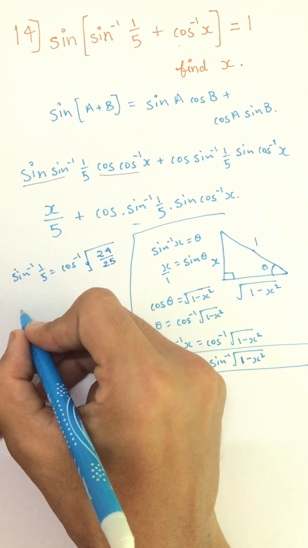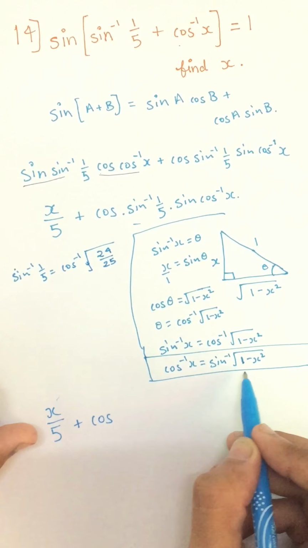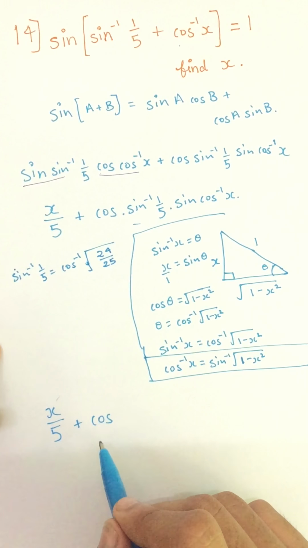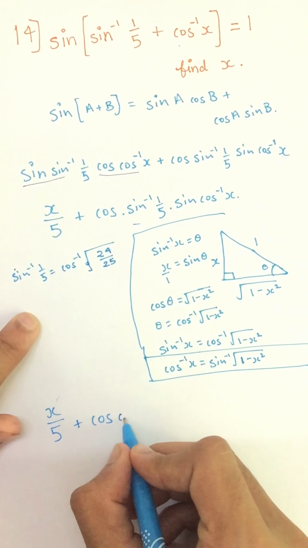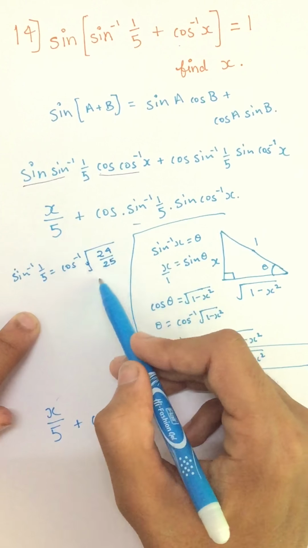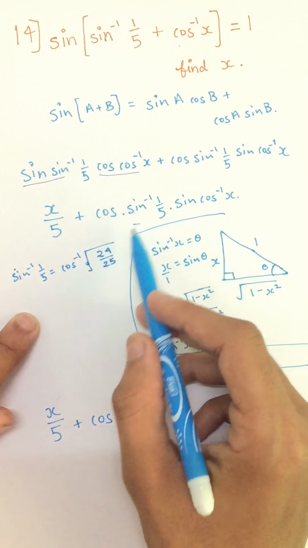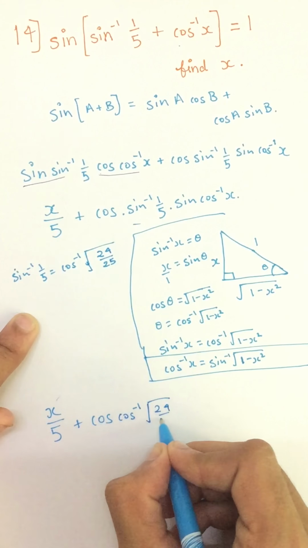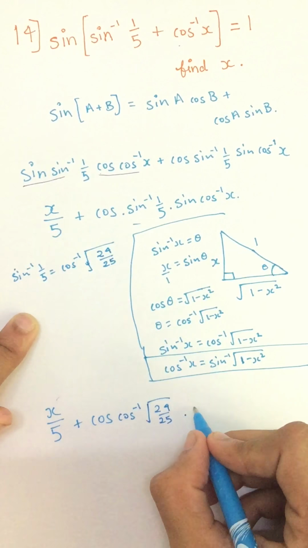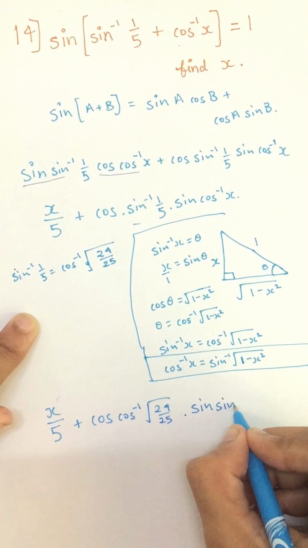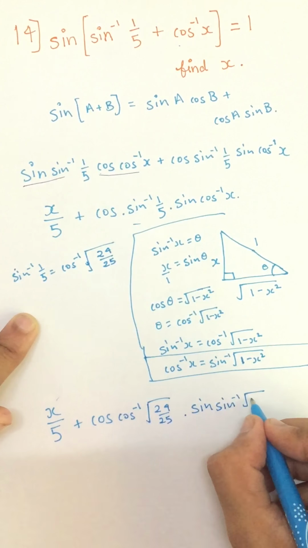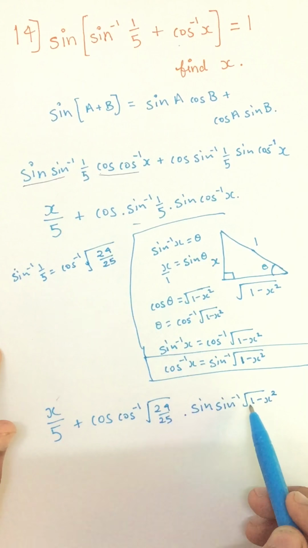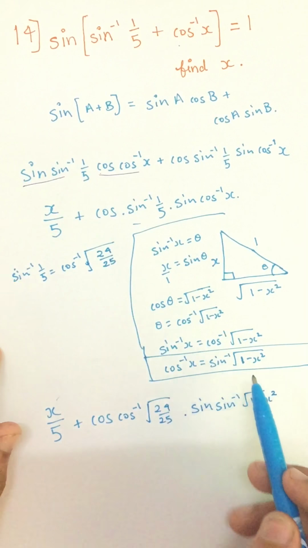Also, our cos inverse x will be equal to sine inverse of under root 1 minus x square.